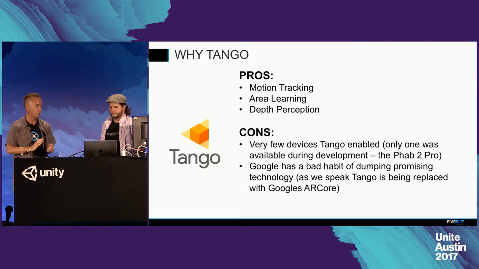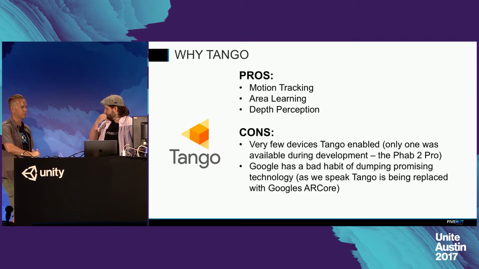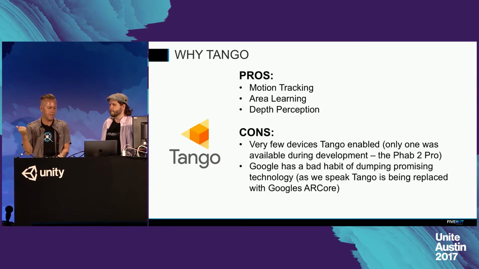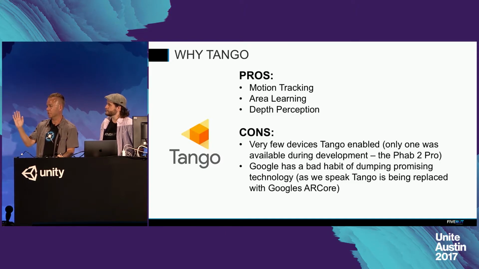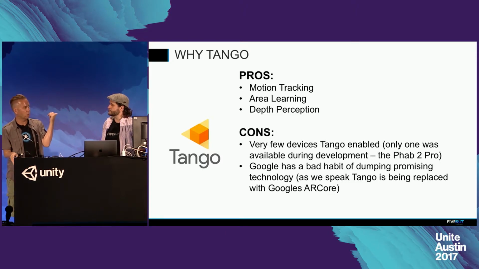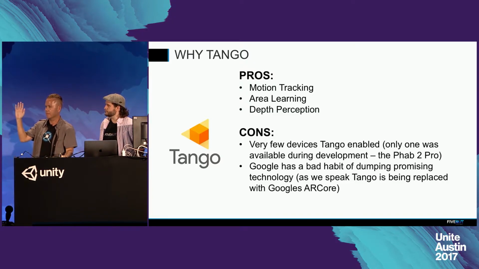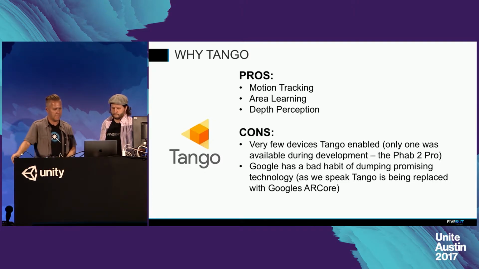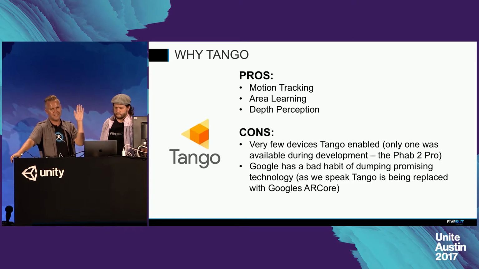I'll just do a high level of Tango, and then Jonah is going to do a deep dive. But basically, for those not familiar with Tango, at a high level, it's got motion tracking, area learning, and depth perception. Motion tracking is just, as you've seen in the ARCore talks, the phone knows where it is in 3D space. Motion tracking alone, while the device sees the visual features of the area, it doesn't remember them.